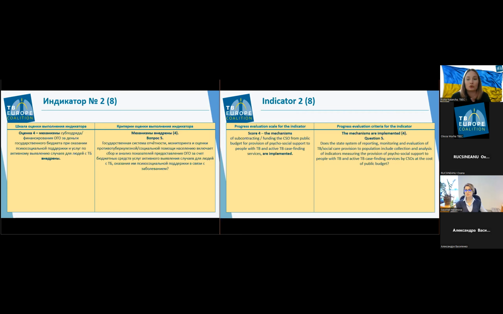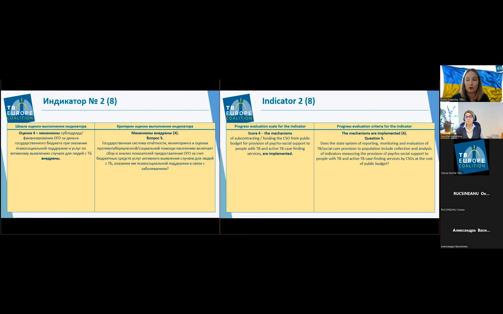Actually, the national TB program needs to develop a certain mechanism or a document that will oblige them to coordinate the work and thus facilitate data collection, so that upon request the national TB program will be able to receive data on psychological support.